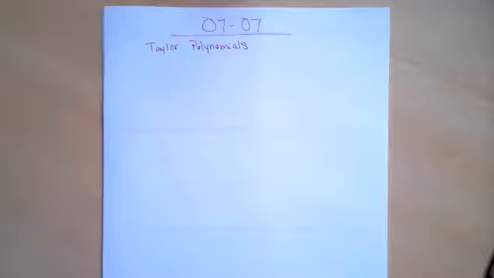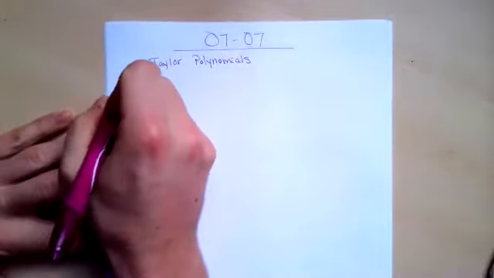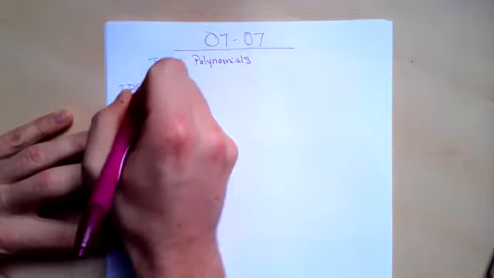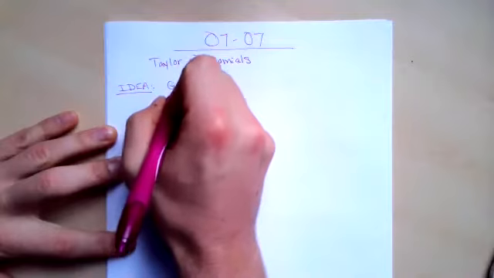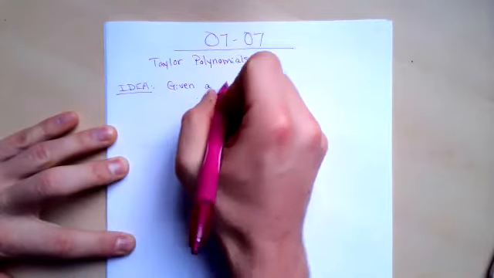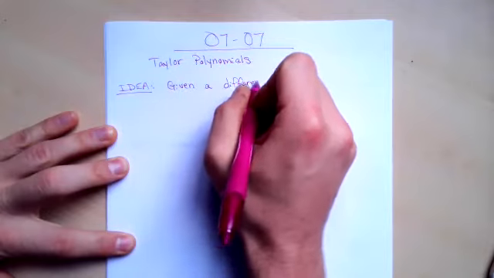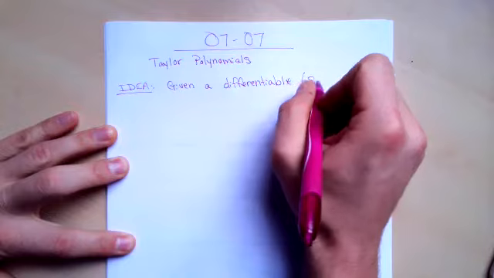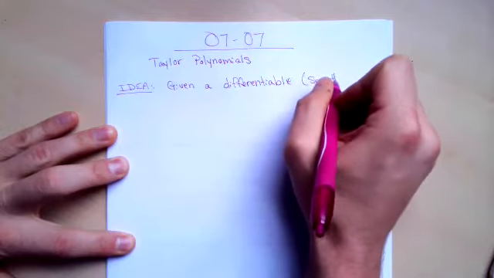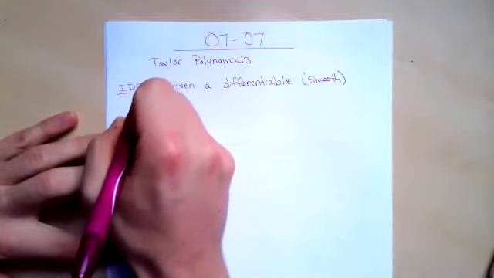So Taylor polynomials, what is our idea? The main idea is if we're given a function, specifically a differentiable function, we often say smooth, so I can take infinity derivatives of some function, let's call it f of x.